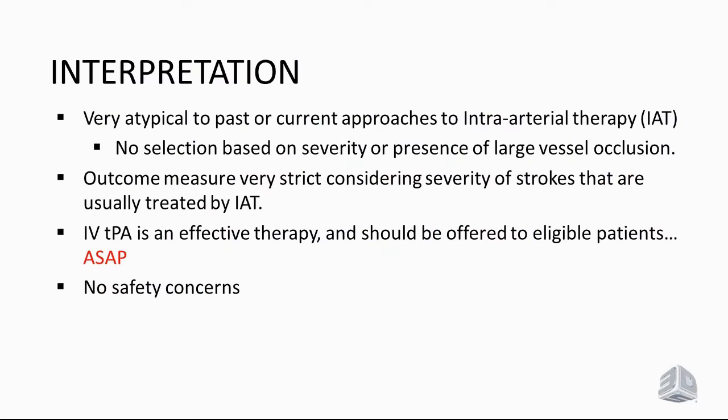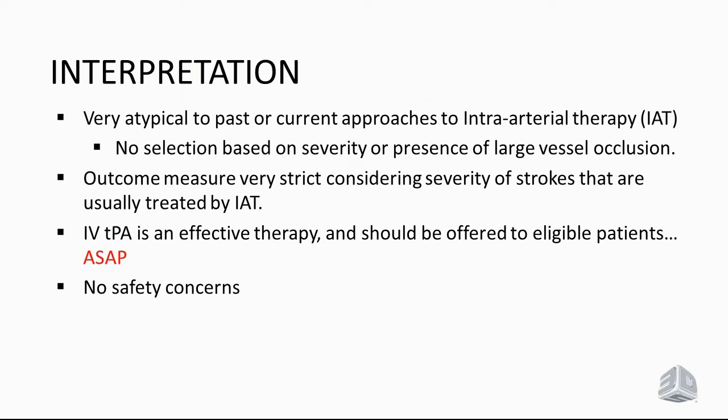And if you just summarize the interpretation of these 3 trials, at some level, they were a little atypical to what was being done at the time they came into print. By that time, especially in the IMS-3 trial and some of the other trials, there were a variety of devices and techniques that are no longer in use.